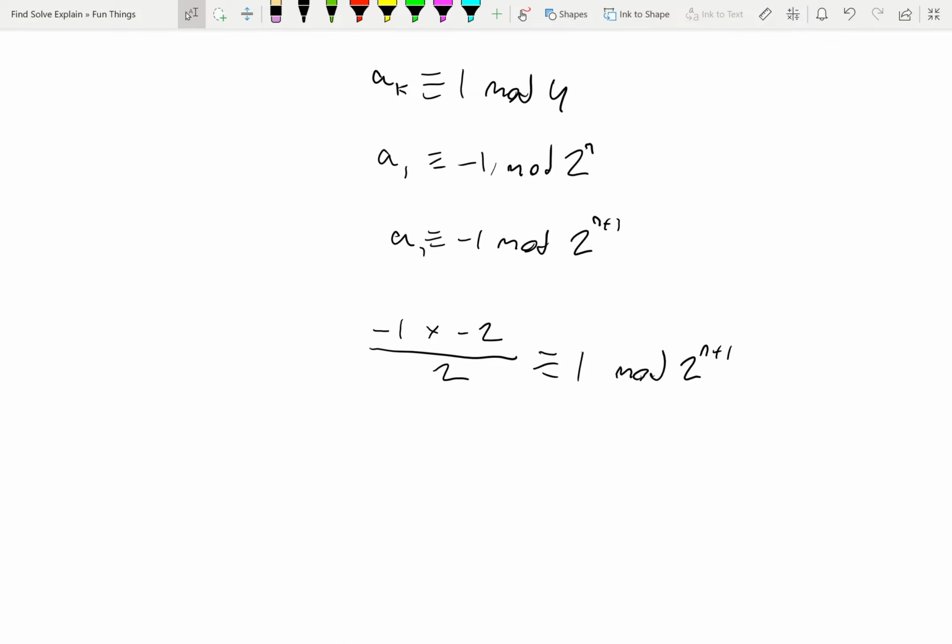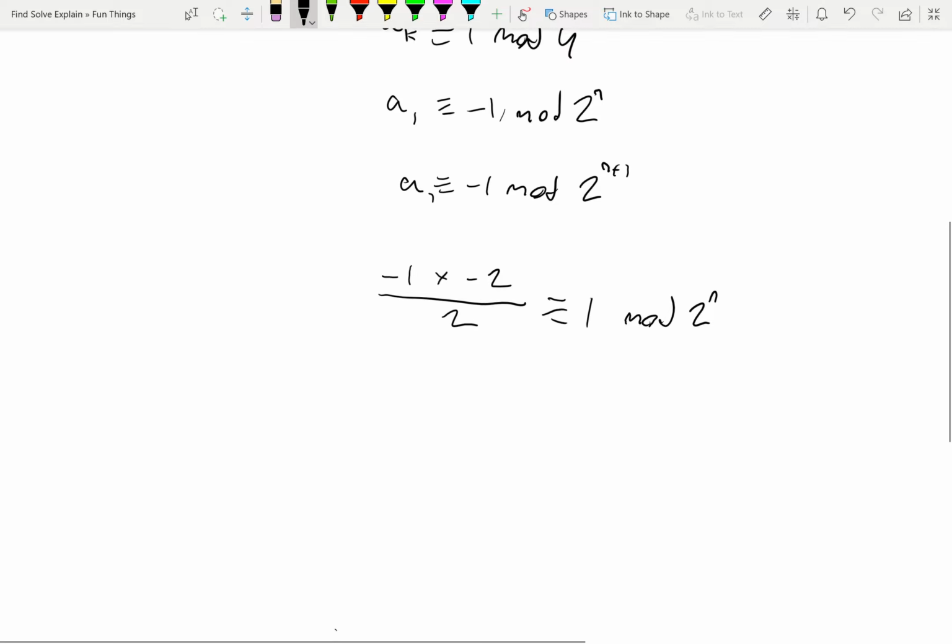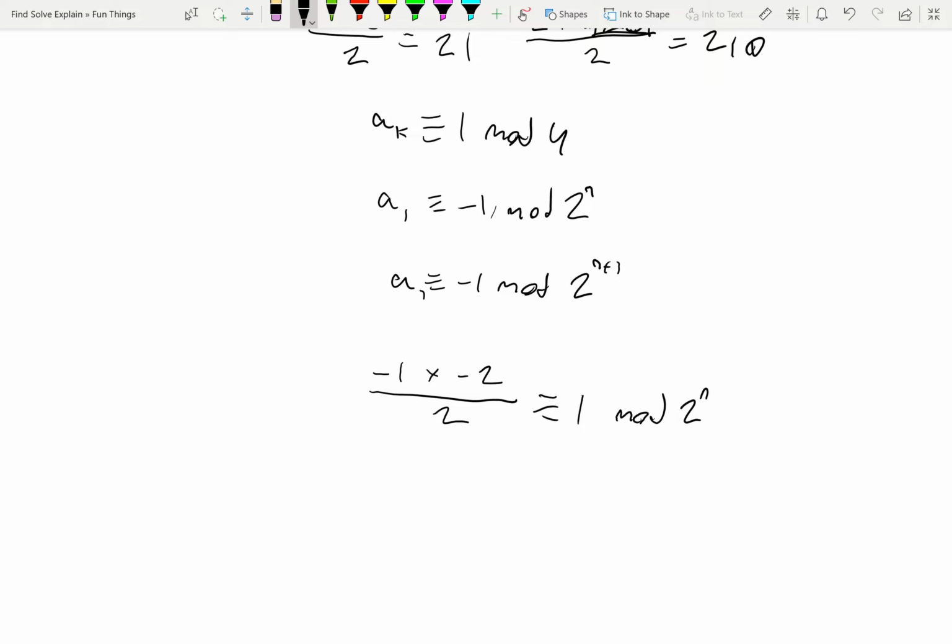The key here is that because of this division by 2, what this really is, is mod 2 to the n, and not 2 to the n plus 1.